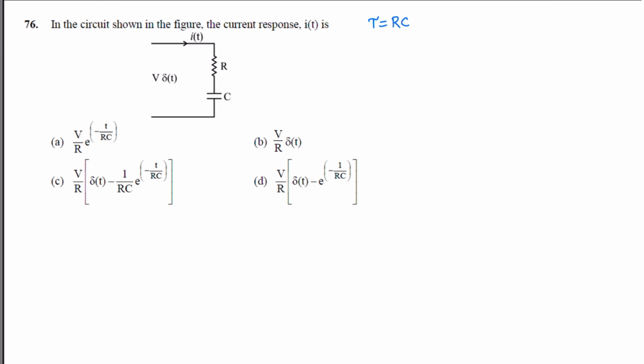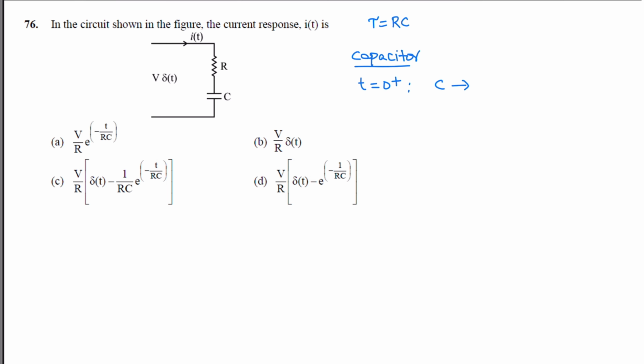At t equal to 0 plus, at the initial state, the capacitor acts like a short circuit.